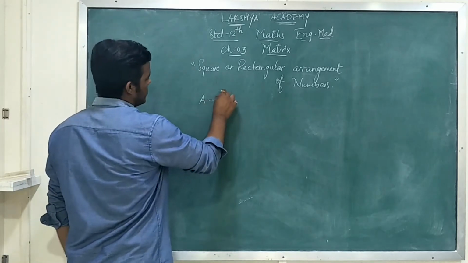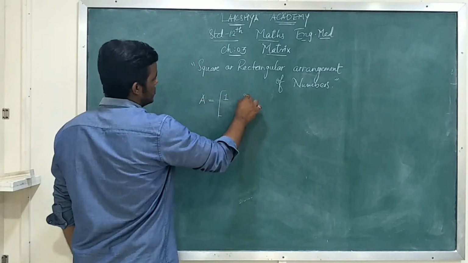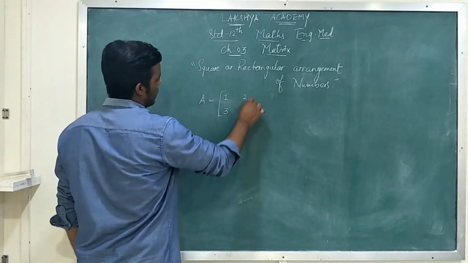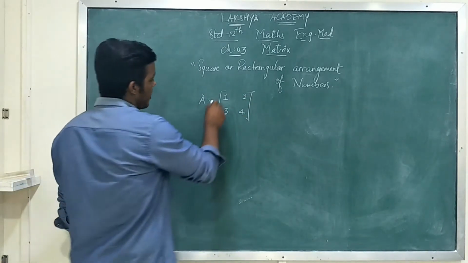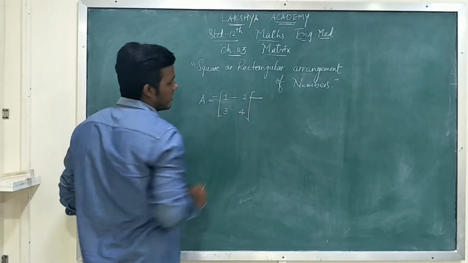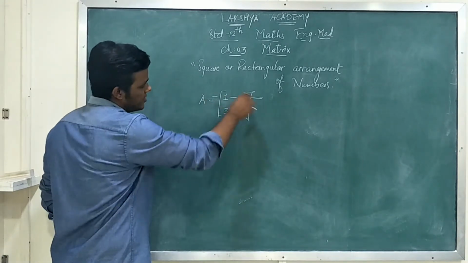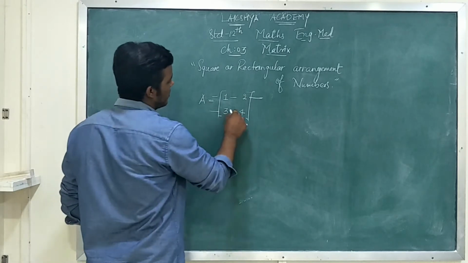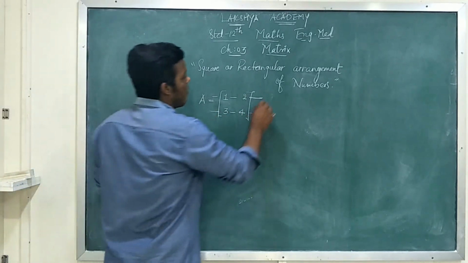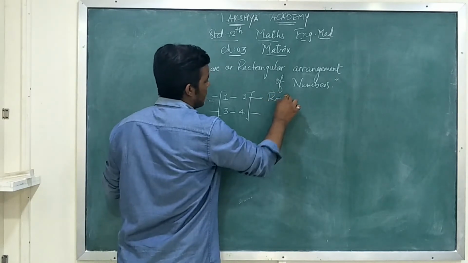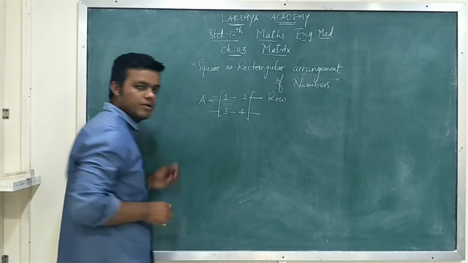So if A equals 1, 2, 3, 4, here we can see that 1, 2 are arranged in a line. 3, 4 are arranged in a line, and this line is called a row. First row, second row, right?